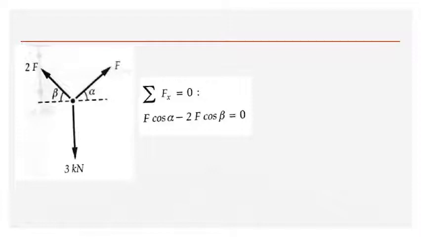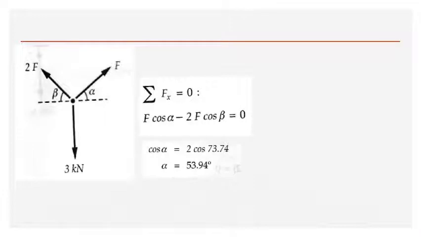Here the condition of equilibrium has been applied: F cos alpha minus 2F cos beta is equal to 0. Next, you get cos alpha as 2 cos beta, as F gets cancelled out. Beta we had found out just now. It is 73.74. So alpha is 53.94.